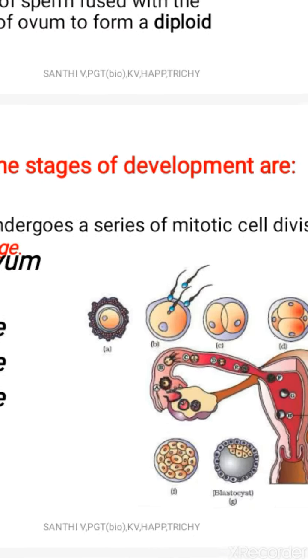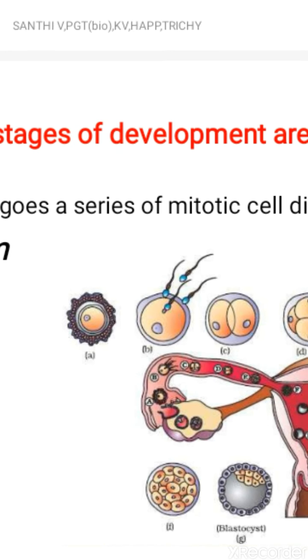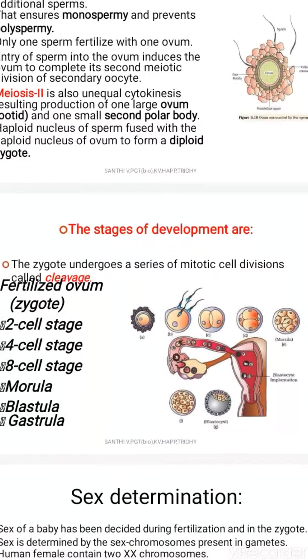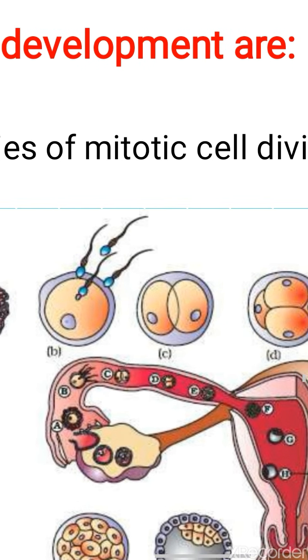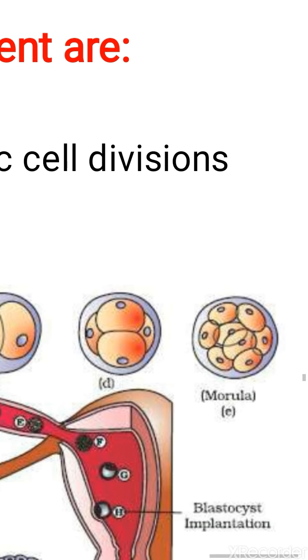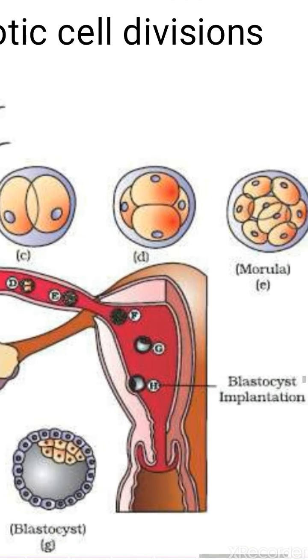This is the ovum, the first one. The second one, fertilization. Then after fertilization, the zygote is formed. Then the zygote starts to divide by means of mitosis. It is converted into the 2-cell stage, then the 4-cell stage, then the 8-cell stage, then later the morula.